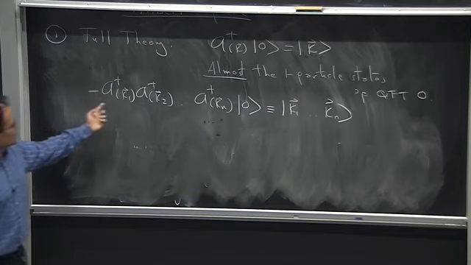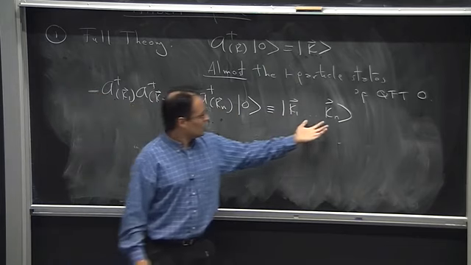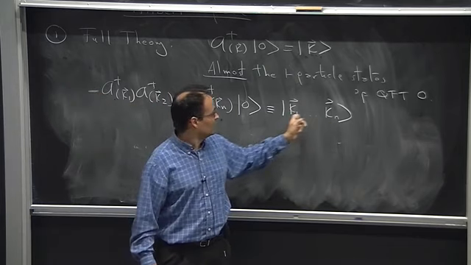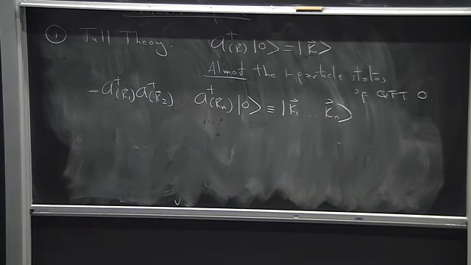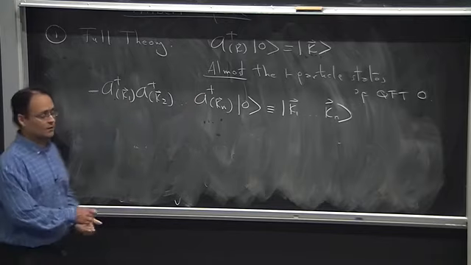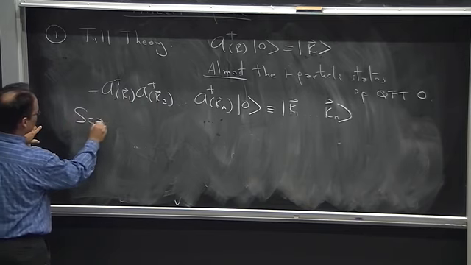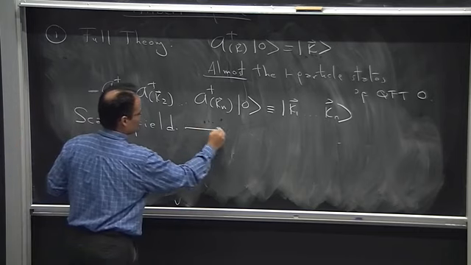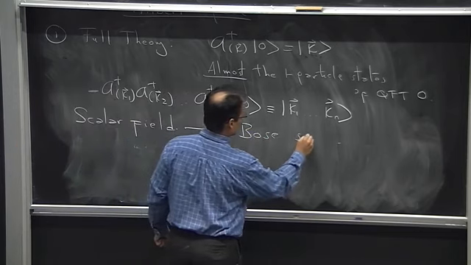But something interesting is that whatever this wave function is, it has to be symmetric in the exchange of labels. Why is that? Because our field quantization told us that these A-dagger operators commute among themselves. So we just learned that quantizing a scalar field leads to a system that has Bose symmetry.